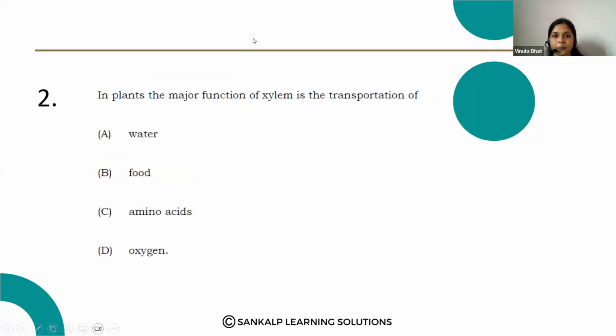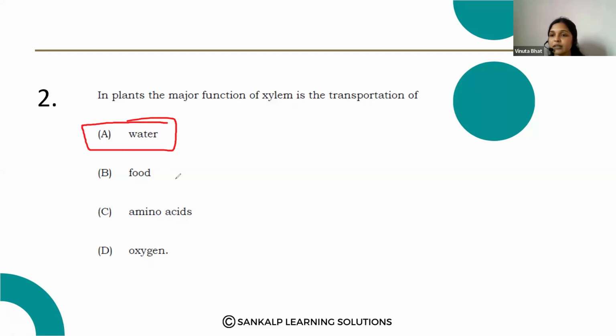Next question. In plants, the major function of xylem is the transportation of: water, food, amino acids, oxygen. What is the function of the xylem in transportation? Xylem is for water transportation.